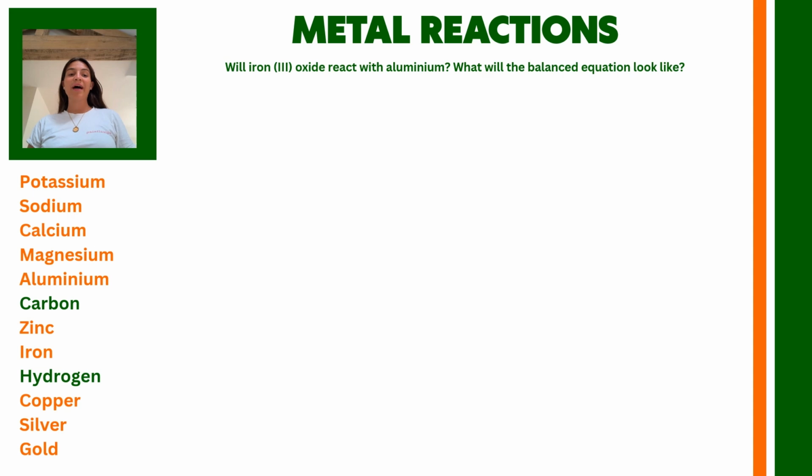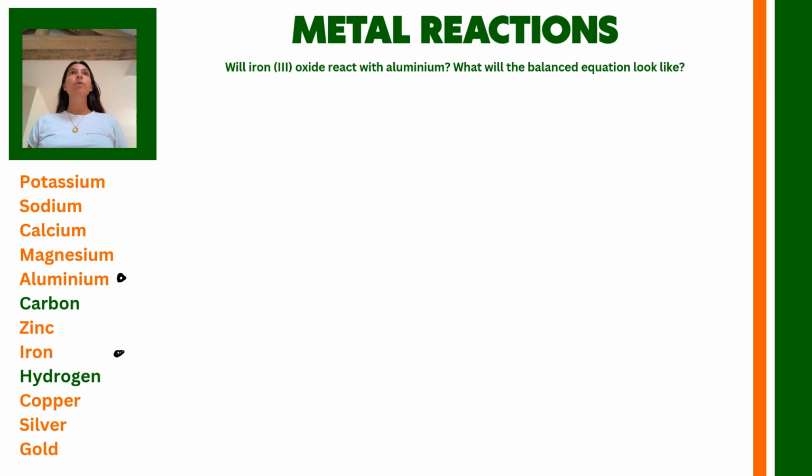So let's do an example. Will iron 3 oxide react with aluminium? What will the balanced equation look like? First questions first, what we're asking ourselves is: is aluminium more reactive than iron? Because if it is more reactive, then I can have this displacement reaction take place.